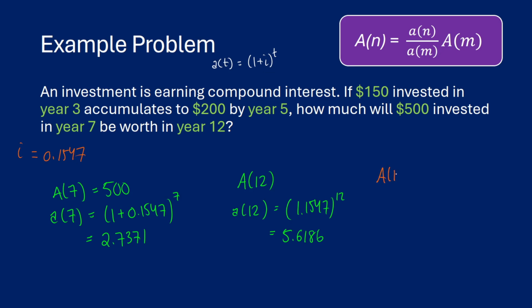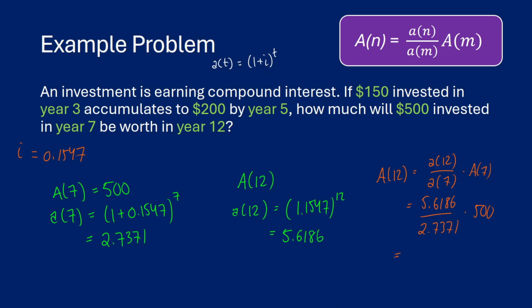We want to find what A12 is. So this is going to be equal to the accumulation at 12 divided by the accumulation at 7 multiplied by the amount at 7, which is just going to be 5.6186 divided by 2.7371, and then we're multiplying it by our amount, which is $500.